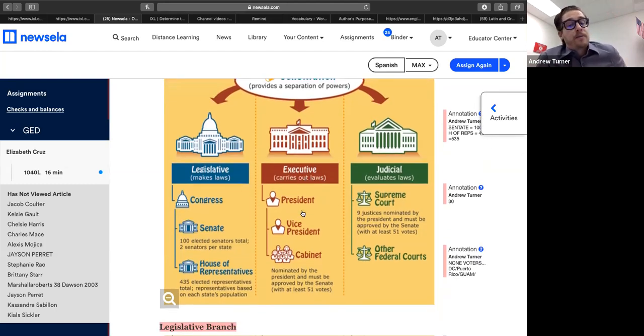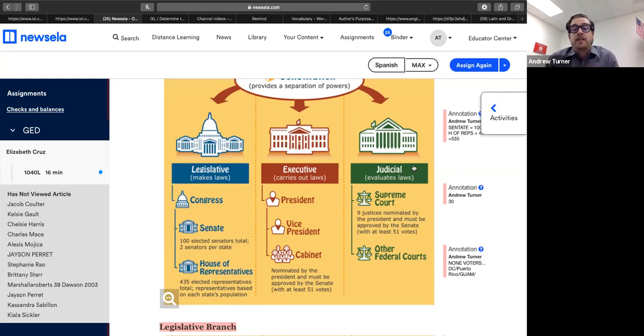The executive is the president, vice president, cabinets, and there are many, many kind of sections of the executive branch that we can go over as well, like the Department of Defense, the Department of Justice, okay, things like that. And then we have the judicial, because this is the White House. This is the judicial, I have trouble saying judicial tonight.